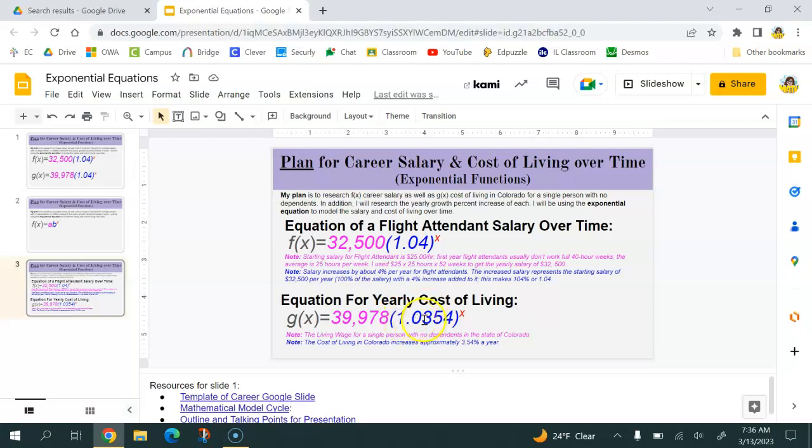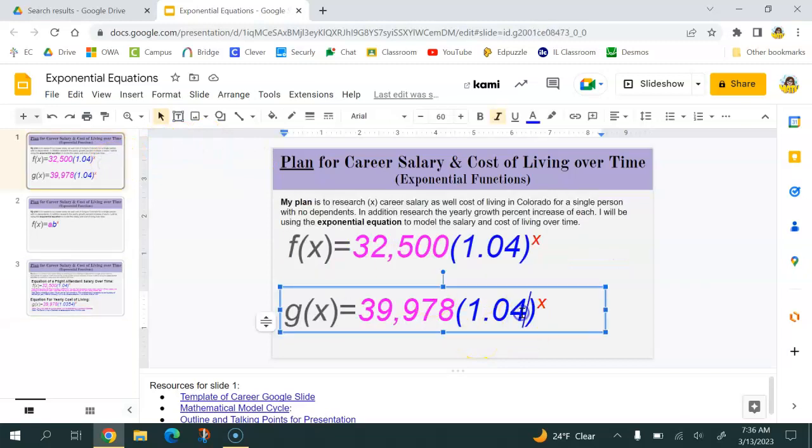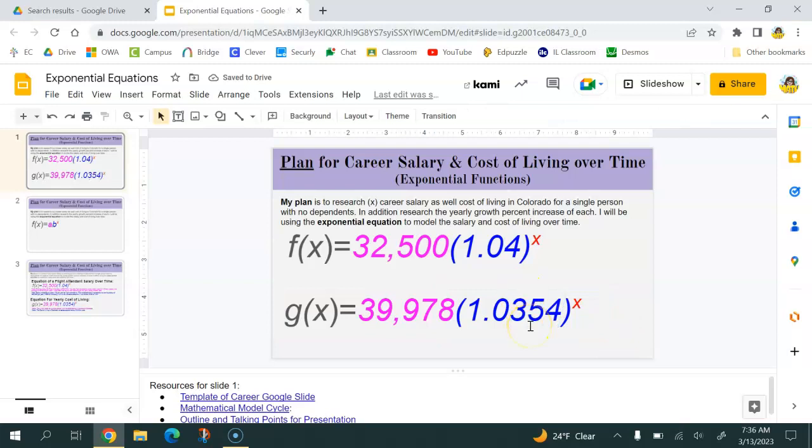And then the 0.0354, that's the 3.54% increase. So I'm going to be paying this to live in the state of Colorado for a year, plus a 3.54% increase every year that I live in Colorado. So I'm going to change that, 5, 4, not 4. There we go. And that represents the cost of living exponential equations.